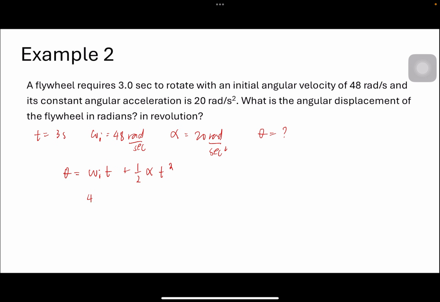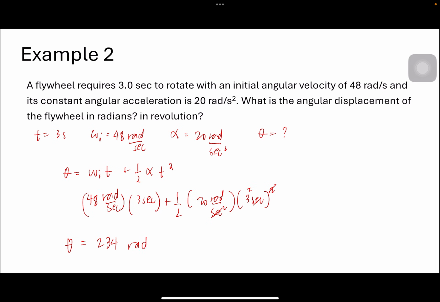So this will be 48 radians per second times the time, 3 seconds, plus 1/2 times angular acceleration 20 radians per second squared, times 3 seconds, squared. Solving for the value of theta, you'll get 234 radians.